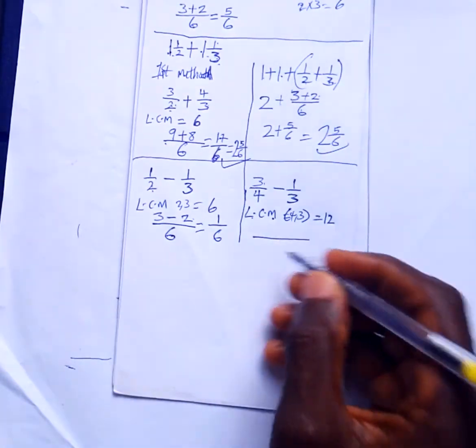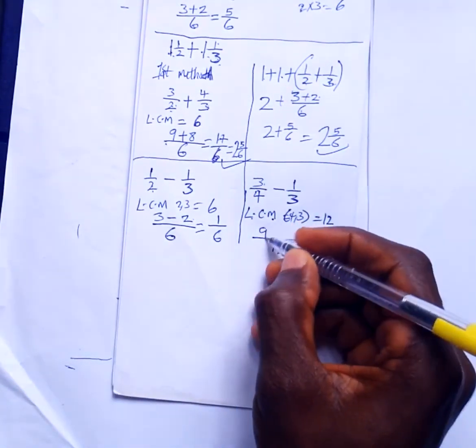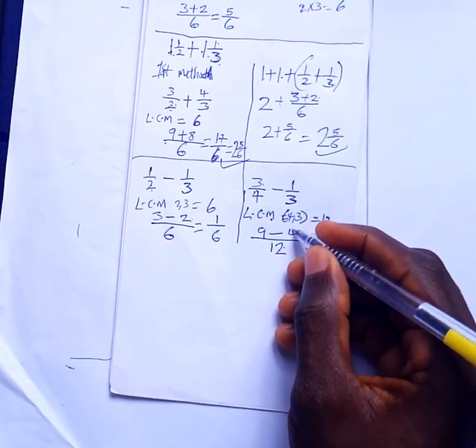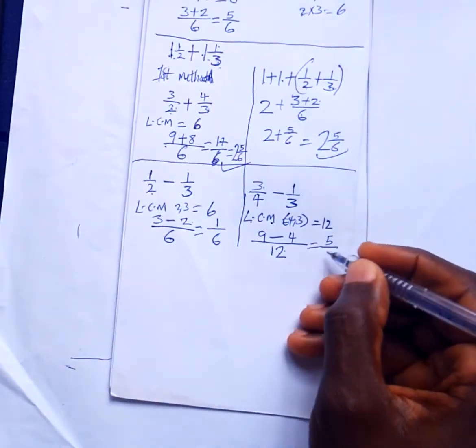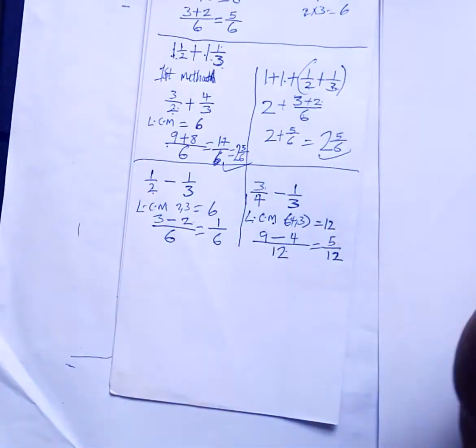So when you write your 12, 4 in 12, 3. 3 times 3, 9. Minus 3 in 12, 4. 4 times 1, 4. Then you have your 5 over 12. The same principle guides addition and subtraction.